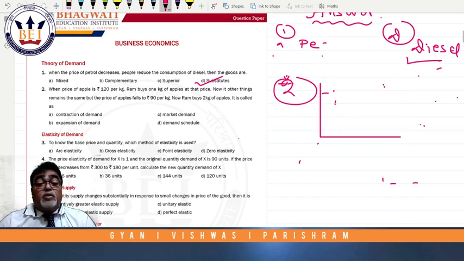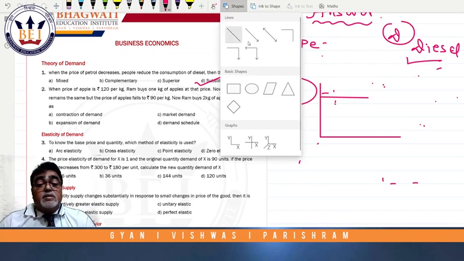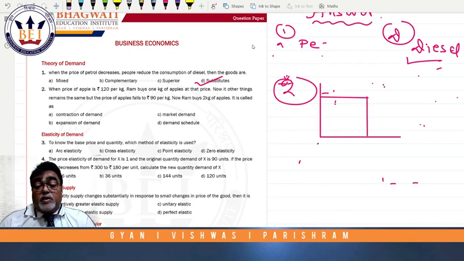Price of apple initially was 120. So if it is 120, the consumer purchases, as per the question, 1 kg. If other things remain the same, price of apple falls to rupees 90.